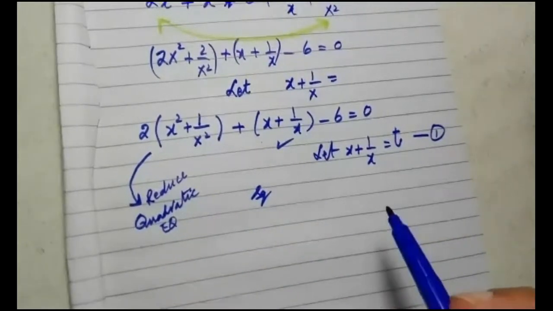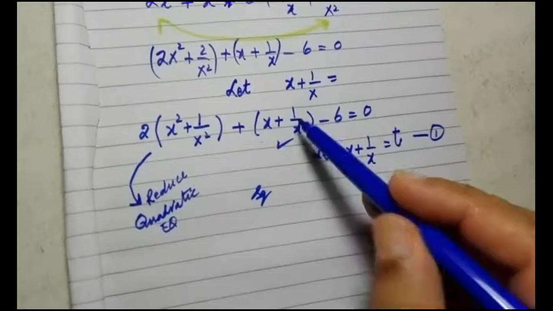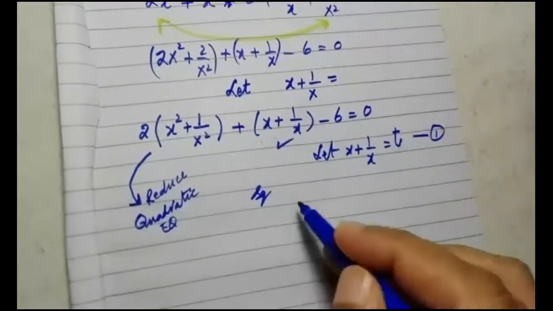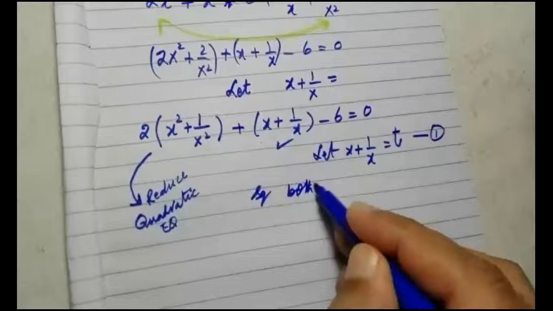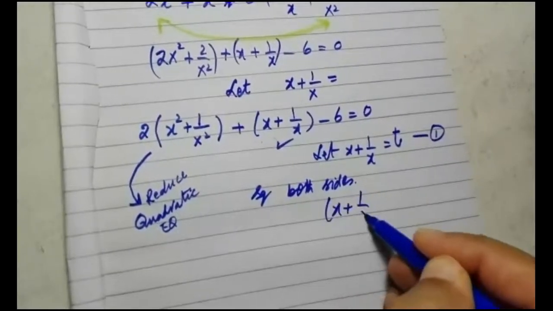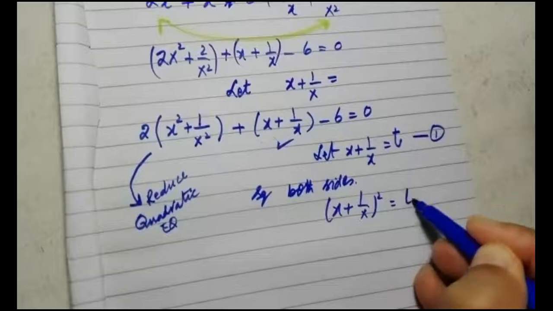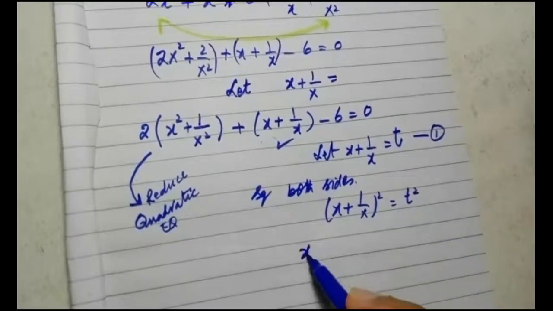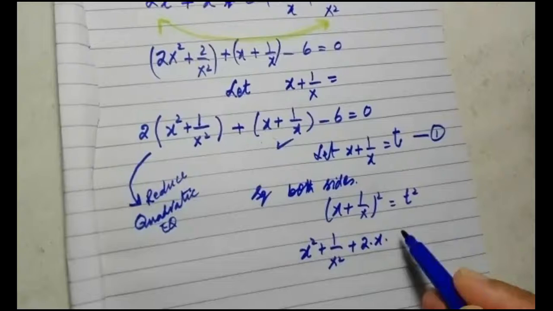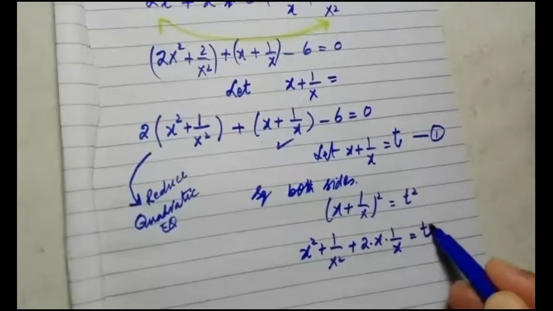For reducing it, we have substituted the second part equals to some variable t, and then we are squaring both sides. Once you take the square on both sides, x plus 1 over x whole square becomes t square, and the expansion gives x square plus 1 over x square plus 2 times x dot 1 over x equals to t square.